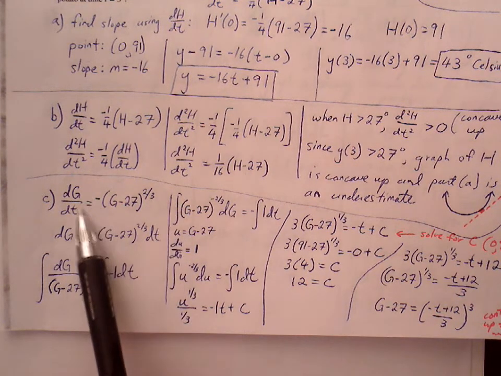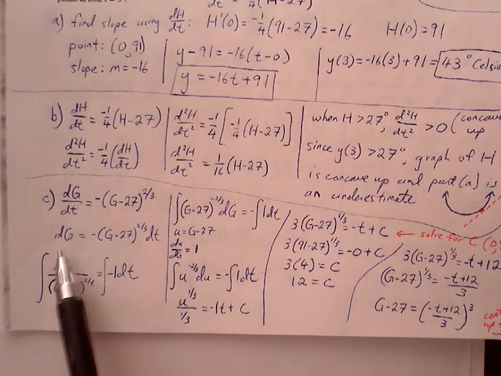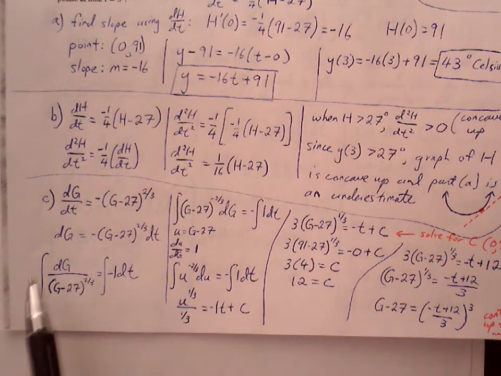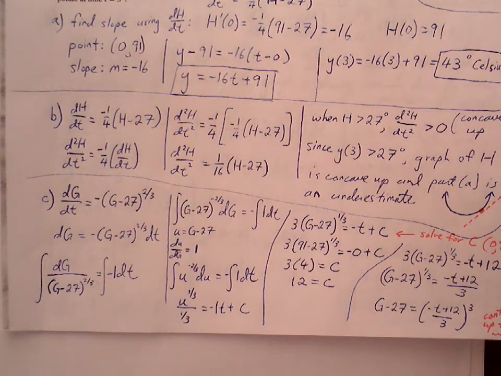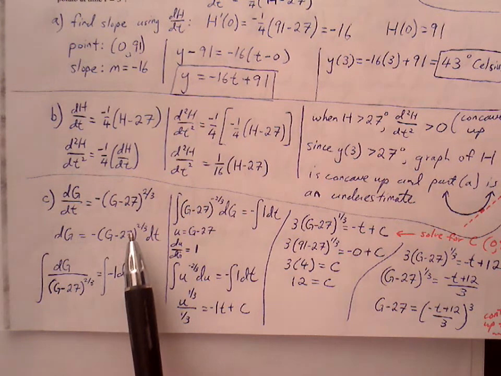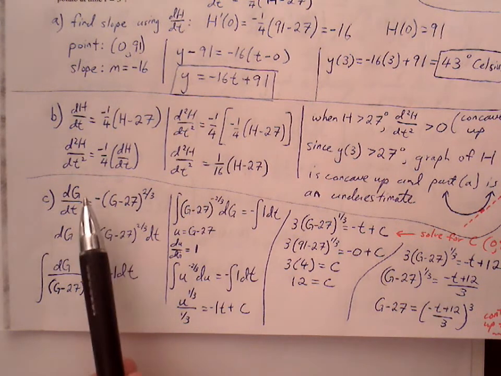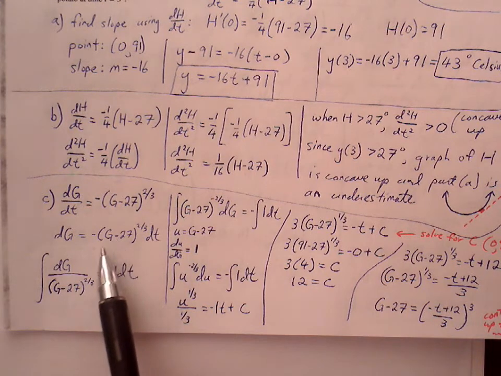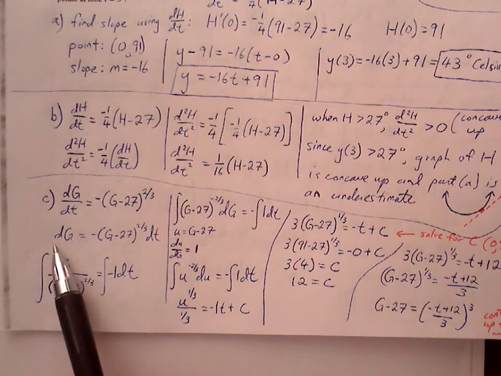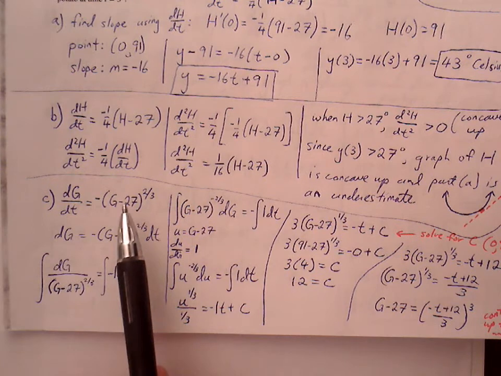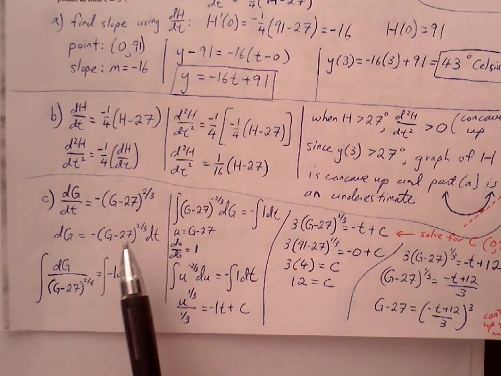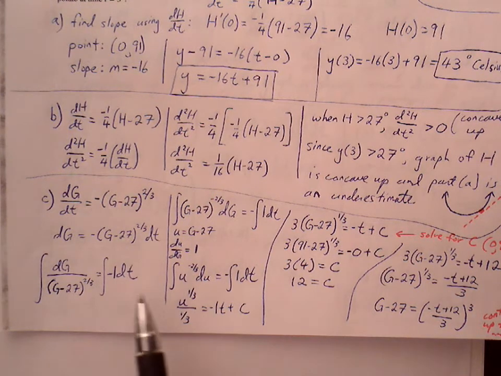Anytime I'm solving a differential equation, I like to cross multiply so I can get everything up in the numerator level, and then I can decide what I can move so that I can isolate and separate my different variables. The g in this case represents my dependent variable, so I'm going to try to combine all the g terms on the left side. And then my independent variable is my t, so anything that is t or a coefficient that I can move to the right side, I'm going to go ahead and do that.